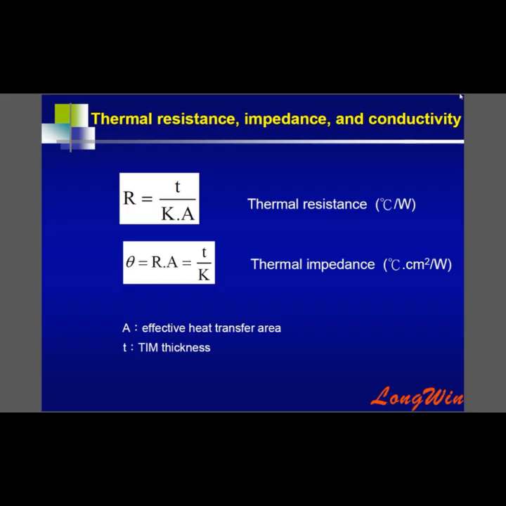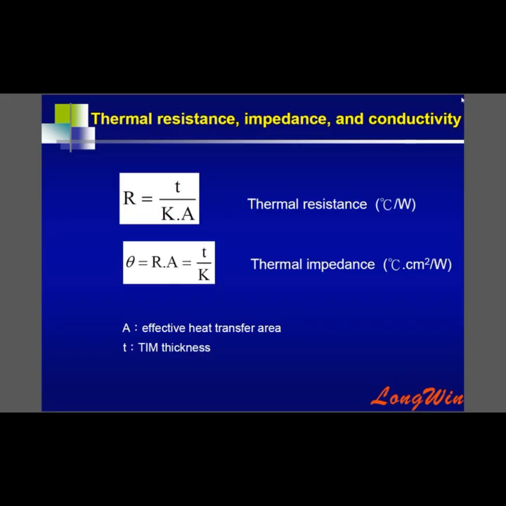If we want to improve the thermal impedance, which is making the thermal impedance lower, we can increase the thermal conductivity or decrease its thickness. If you want to have a good thermal performance, we need to decrease the total thermal impedance.